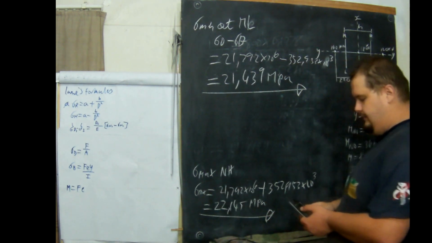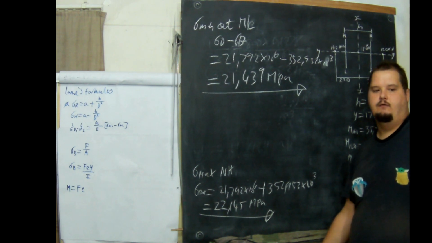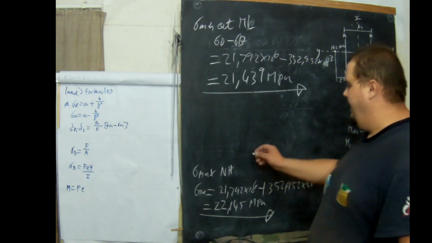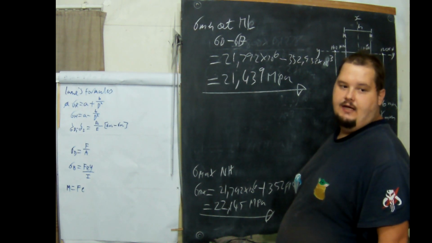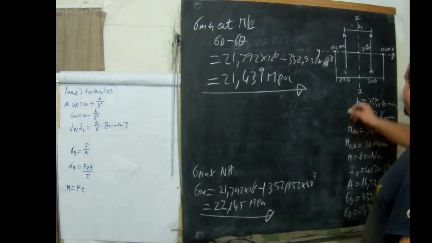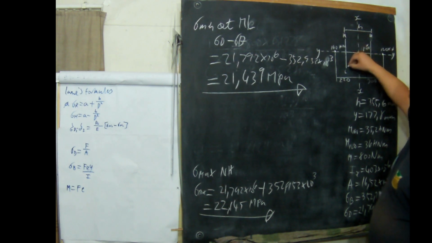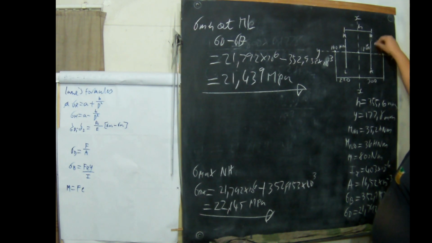Those are our final answers, and that is exactly what they are looking for. They're looking for the maximum stress on one side and the minimum stress on the other. At ML they're looking for the minimum stress, and at NK the maximum stress.